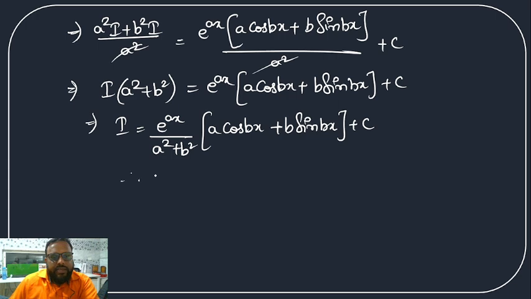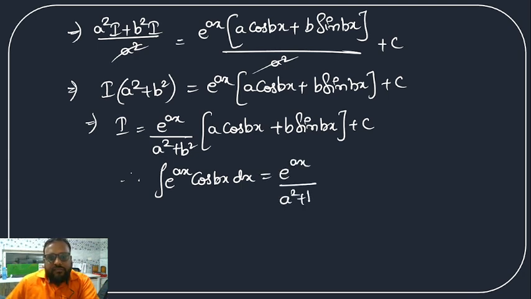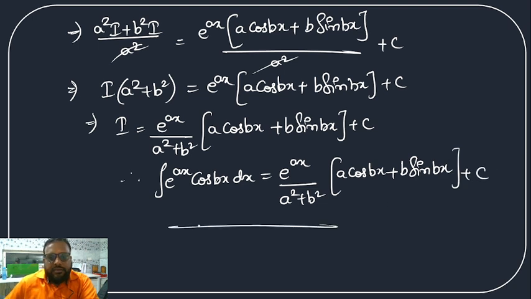So finally, integration of e to the power of ax cos bx dx is e to the power of ax by a square plus b square, a cos bx plus b sin bx plus c.